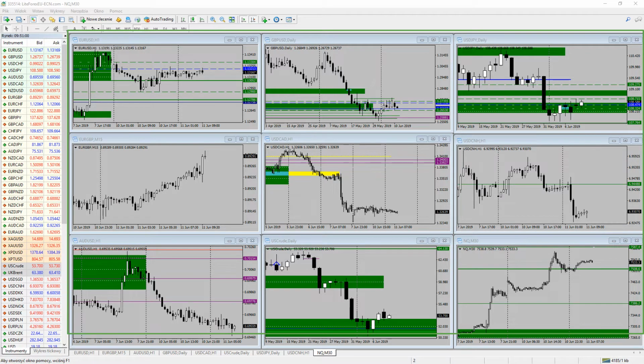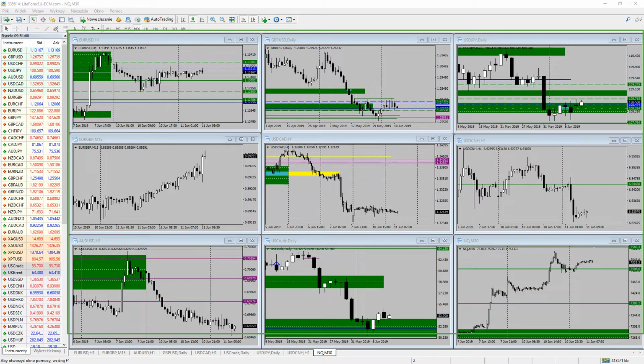So whenever you see a red line or red zone on my chart, it means it's related to the monthly chart. All right.